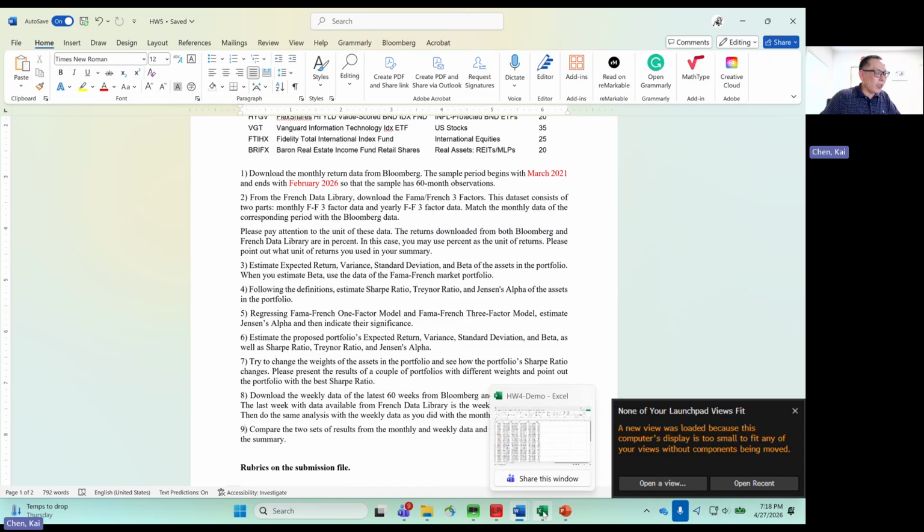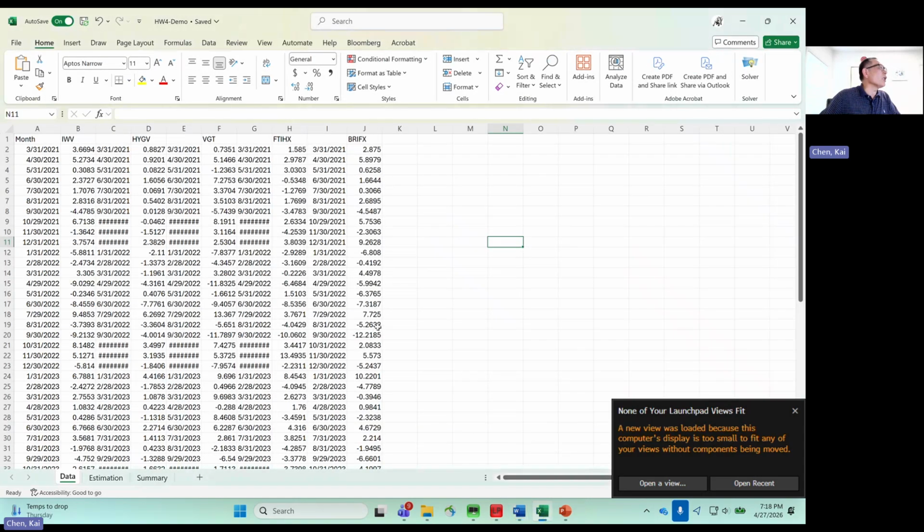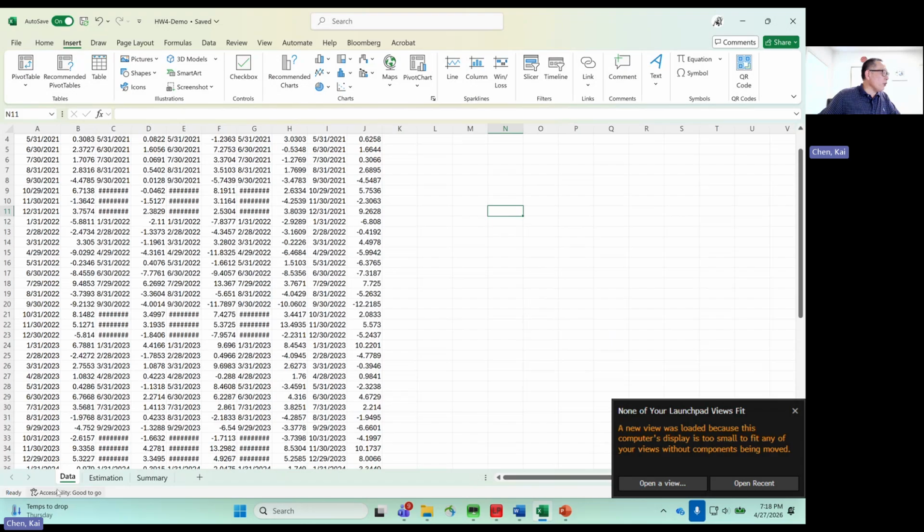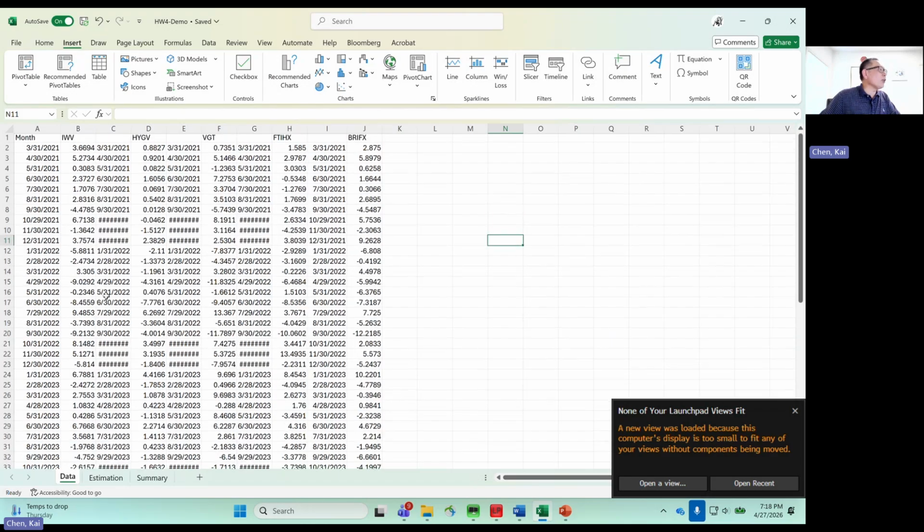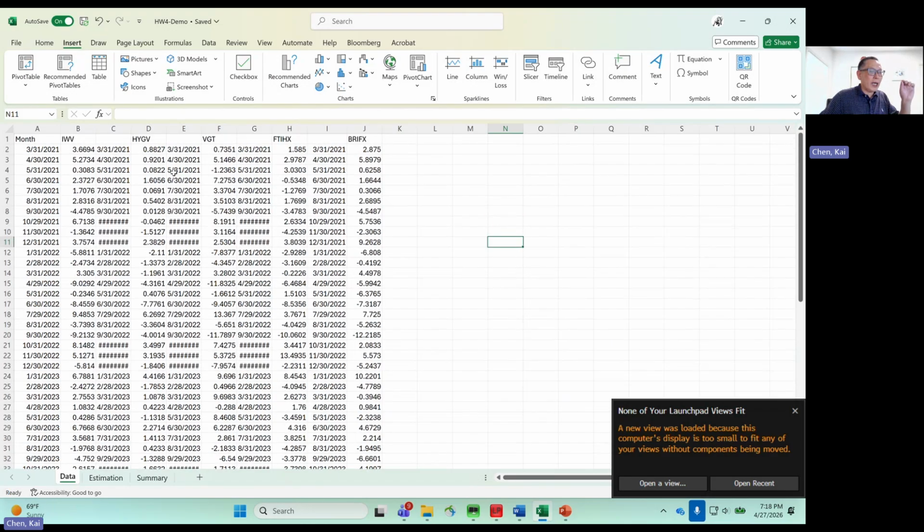I think you should remember this homework 4 demo, right? In this sheet, I downloaded the monthly data in the past 60 months of 5 assets. IWV is the Russell 3000 index, right? And in homework 4, I used IWV as a proxy for the market.